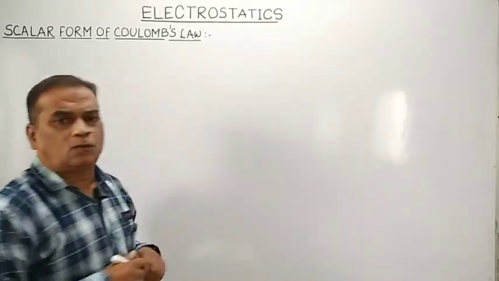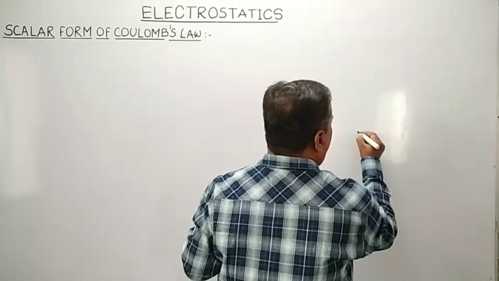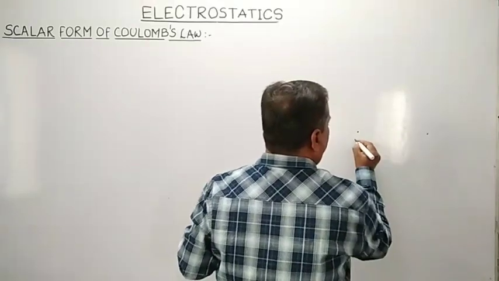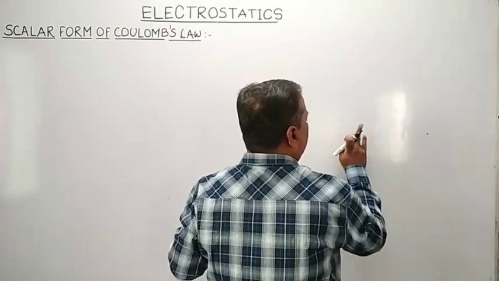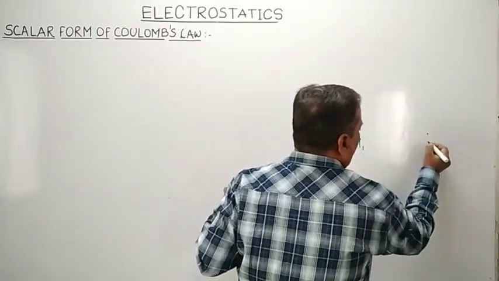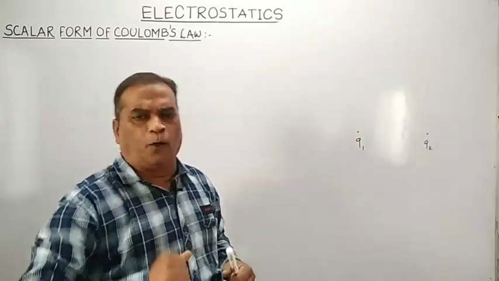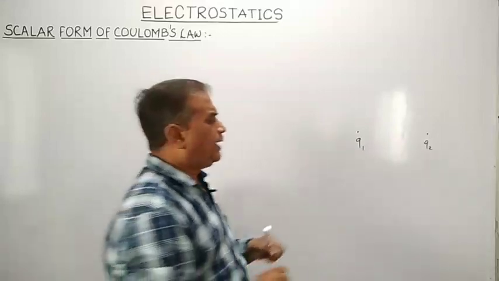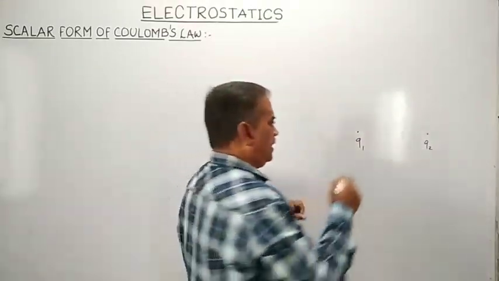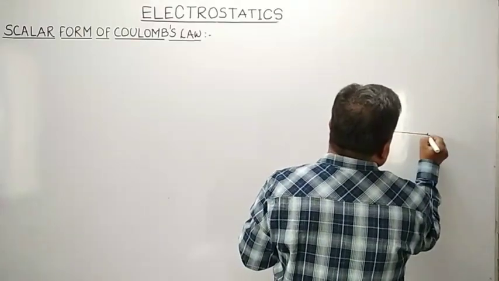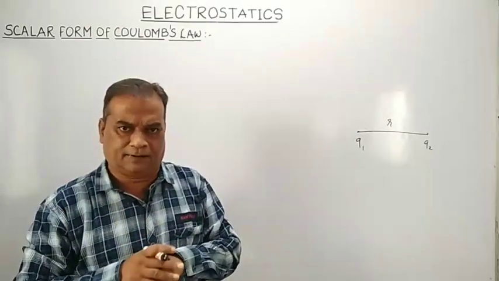As far as Coulomb's law is concerned, suppose we have two point charges, say charge Q1 and Q2, at rest with respect to each other and separated by a distance r apart.